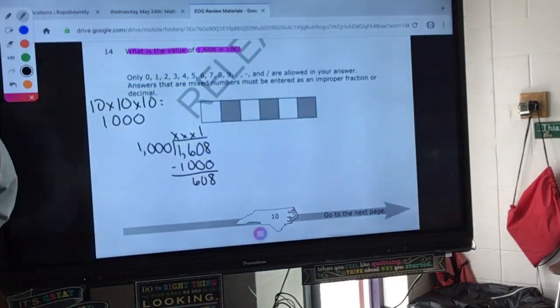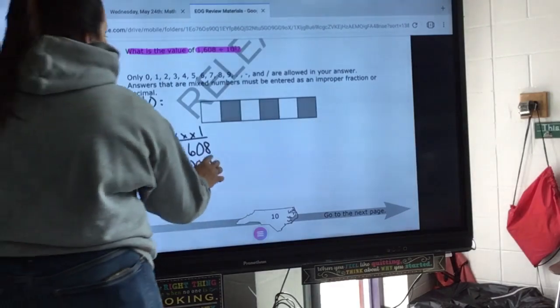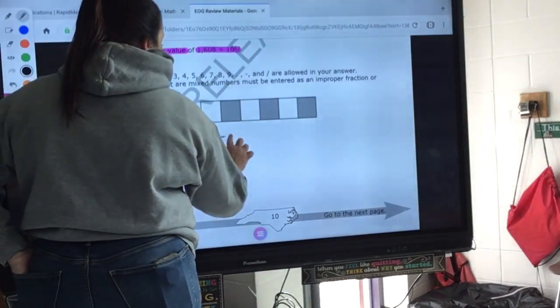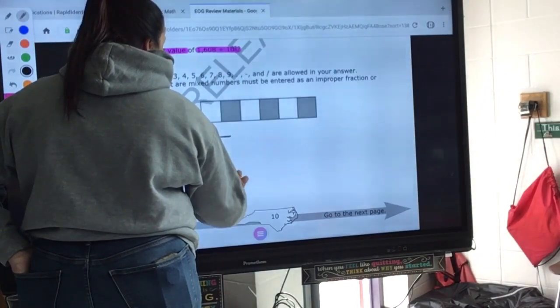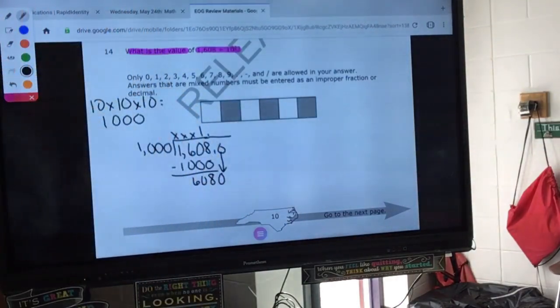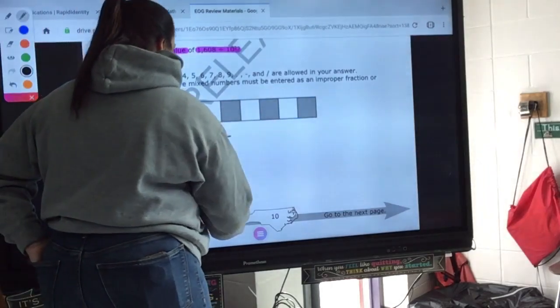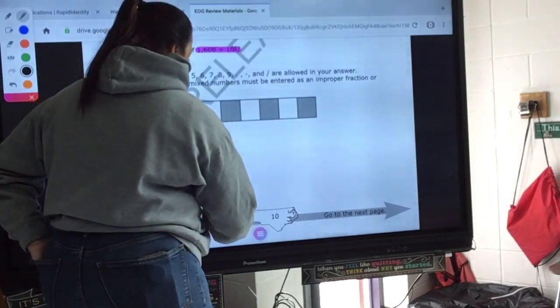Okay, at this point, I have reached my limit of whole numbers. So now, what do I have to do? Because there's still a number down there. Camden? I have to add a decimal here. I have to add a 0 here. I have to bring this down. And then I have to add a decimal there. So what can I multiply 1,000 by to get 6,080? Emma? 6. And you should start to see a pattern.